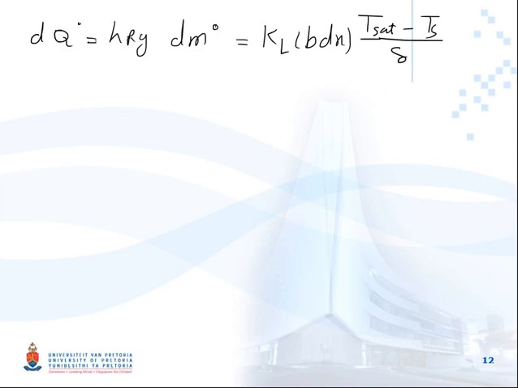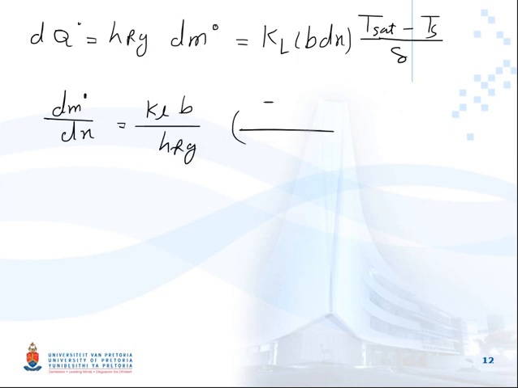So the m dot divided by x will be k_L b over h_fg times T sat minus T_s, which is the surface temperature, divided by the thickness of the film.